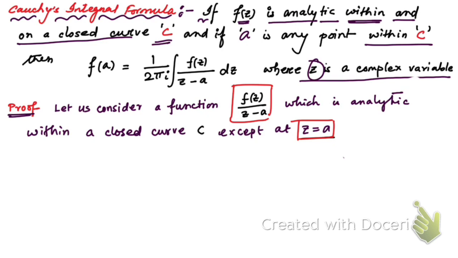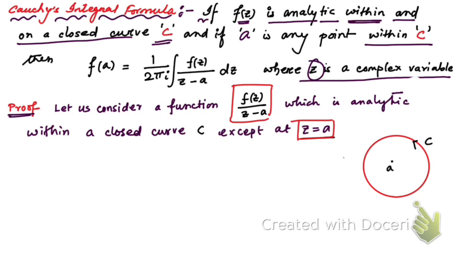Now you see here, let me take the curve C. This is the closed curve C, and here is a point A, suppose.